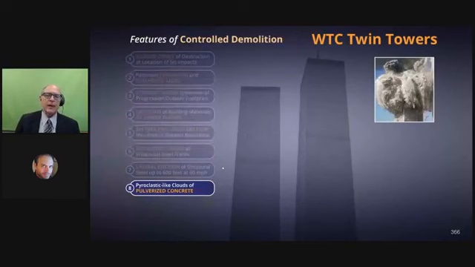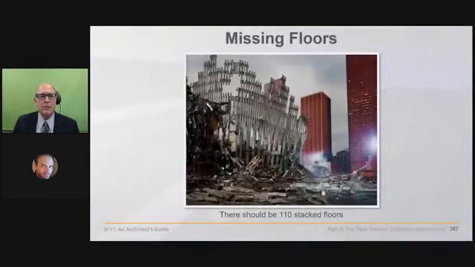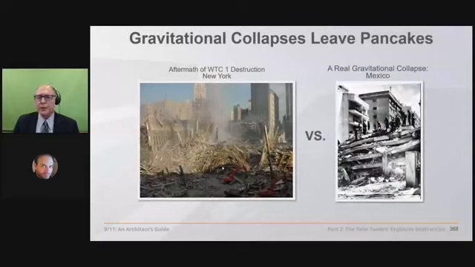Feature 8, do we have pulverized concrete? Well, we're missing some floors here. In a gravitational collapse, like in Mexico, we have pancakes. We expect to see the debris from the building down at the bottom, but we only have a 3 or 4 story pile of twisted steel at the World Trade Center. Where are the concrete floors?